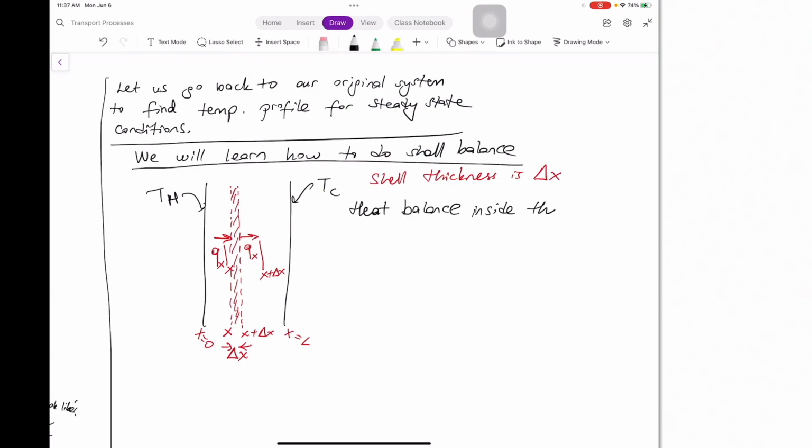Balance equations are probably one of the most important things that you learn in chemical engineering classes. And we're going to just do a very crude balance equation. We're going to write down whatever comes in minus whatever goes out plus whatever is generated is equal to how much it accumulates.